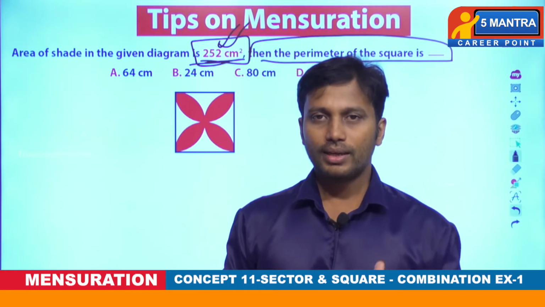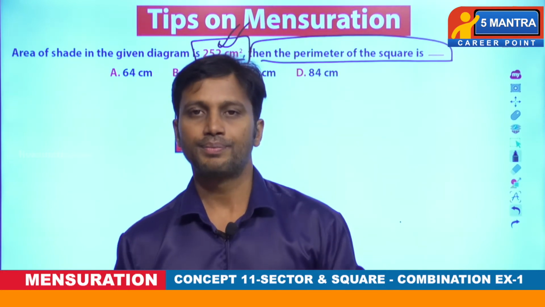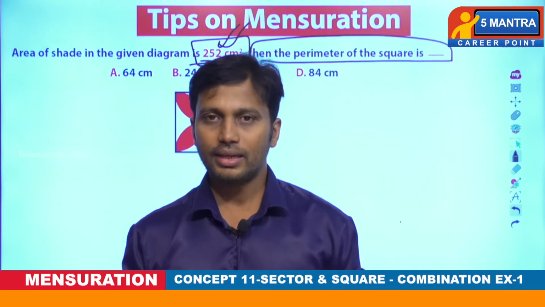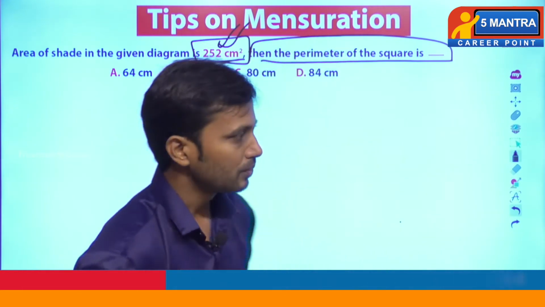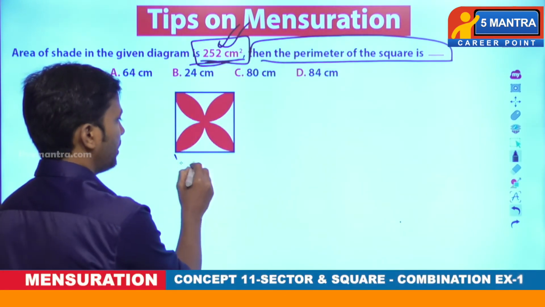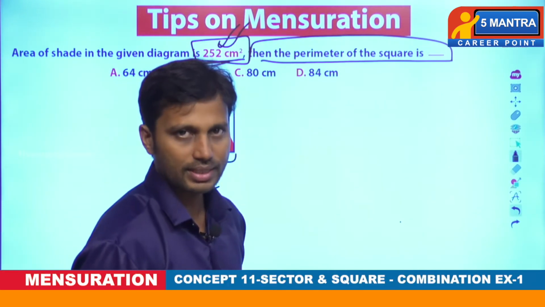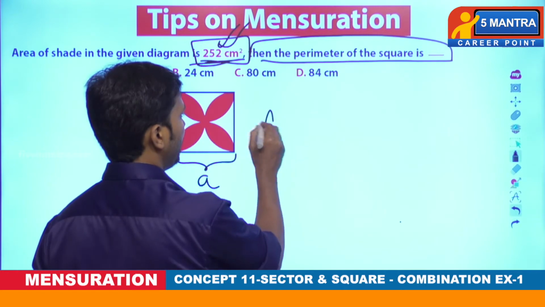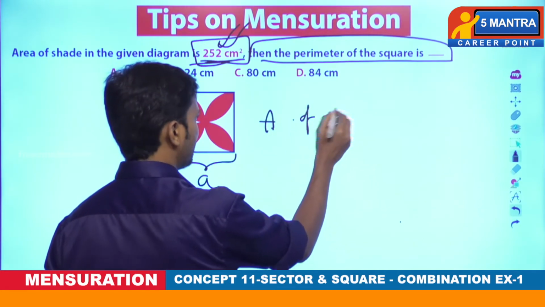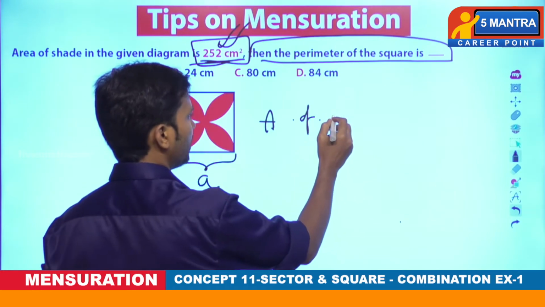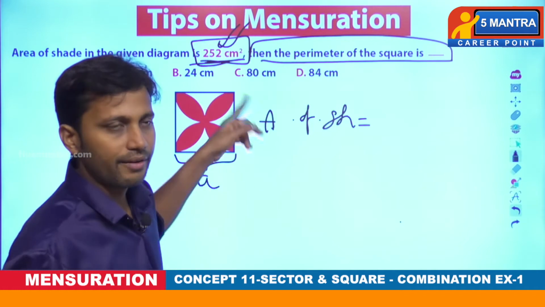So in the previous problem they asked to find the shaded region, and here they have given the shaded region. What do we have to do? Let us see. As we said, if the side of the square is A, then the area of this red shade, of course here the shade is only one color, so we can write area of the shade. So what is the area of the shade?